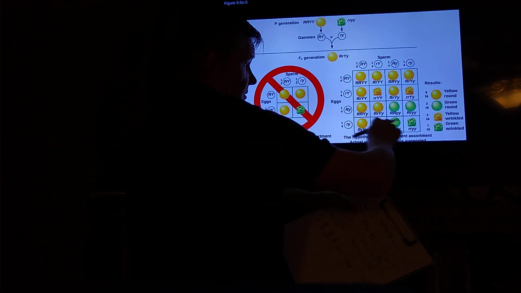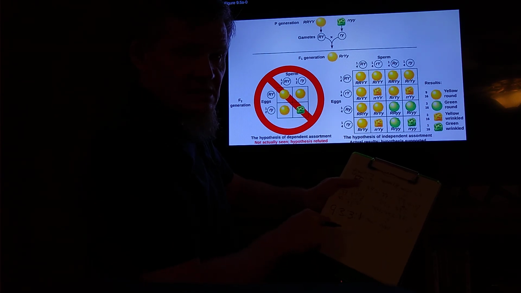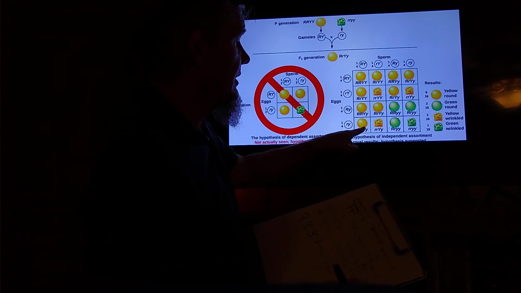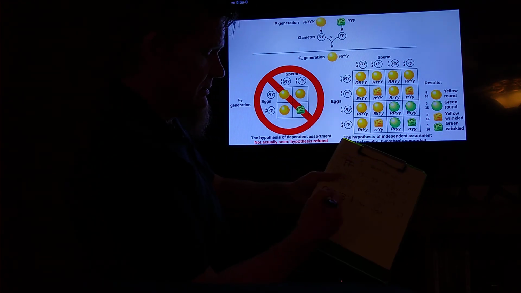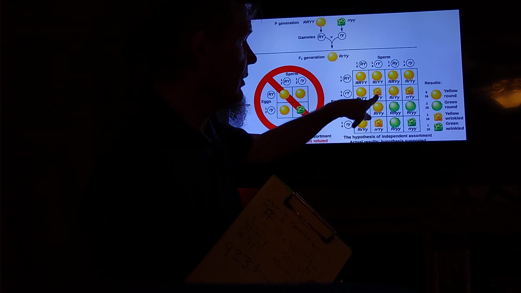That third summer, 9 seeds that he collected out of 16 are going to show the dominant traits, inflated and yellow. 3 will show one dominant trait and one recessive.